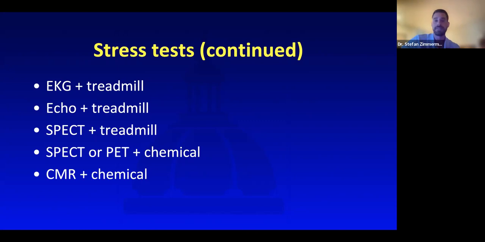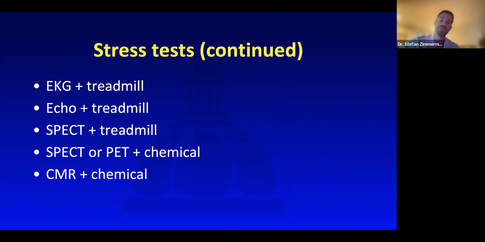And then there's the nuclear medicine test that we mentioned. So you can do a SPECT test with a treadmill. You exercise on the treadmill, and then we inject this nuclear medicine tracer, and it basically takes a snapshot, more or less, of what's happening in your heart at the time you're exercising. Is the blood flow adequate? And then finally, there's a whole other group.